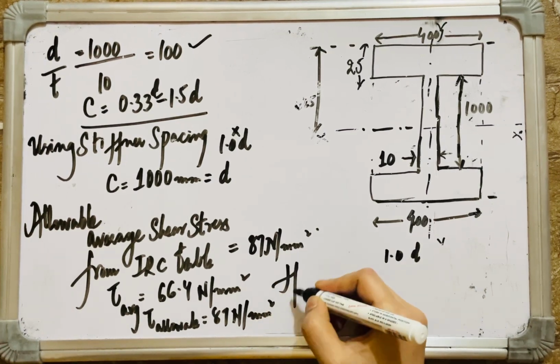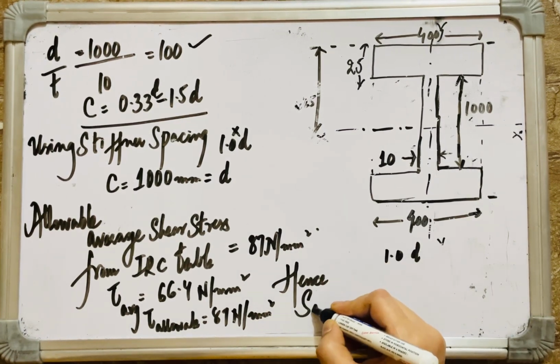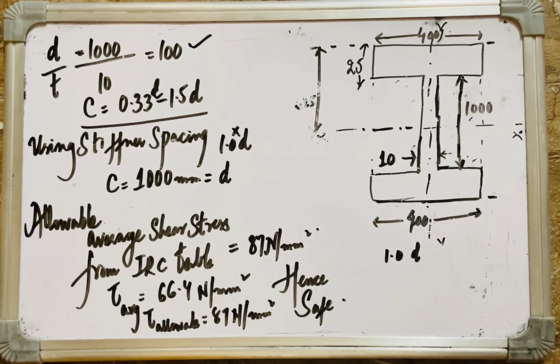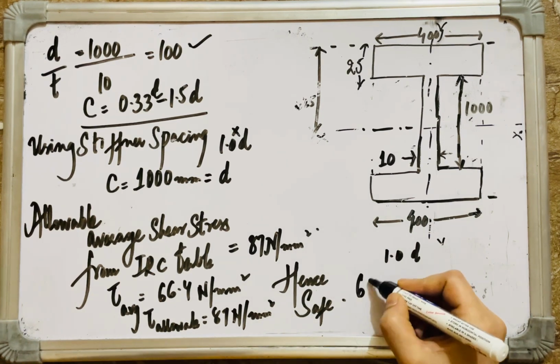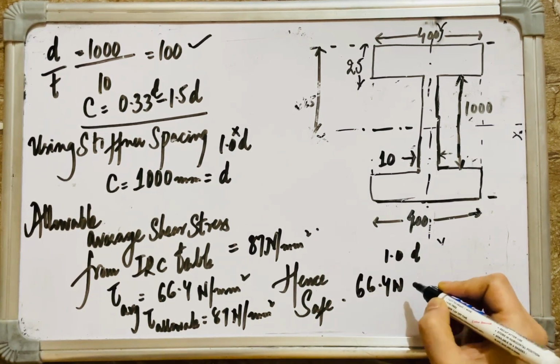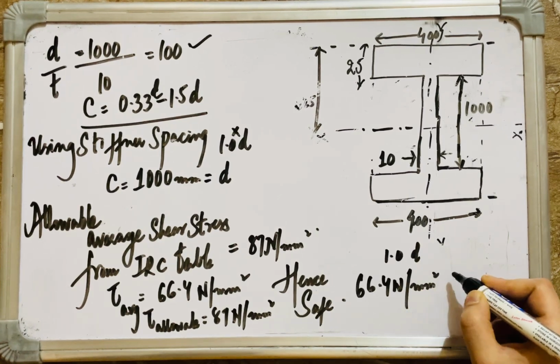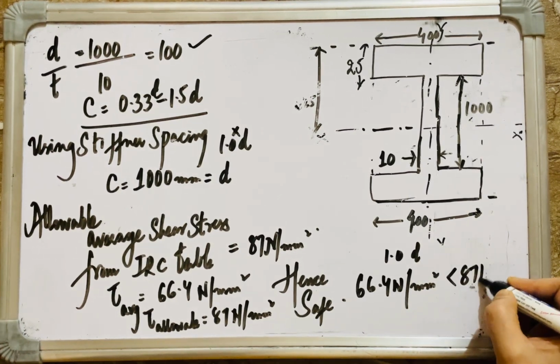Hence safe, because the average value of the shear stress for this section is within the permissible range. Allowable is 87, and average in this section is 66.4. 66.4 Newton per mm square is less than 87 Newton per mm square.